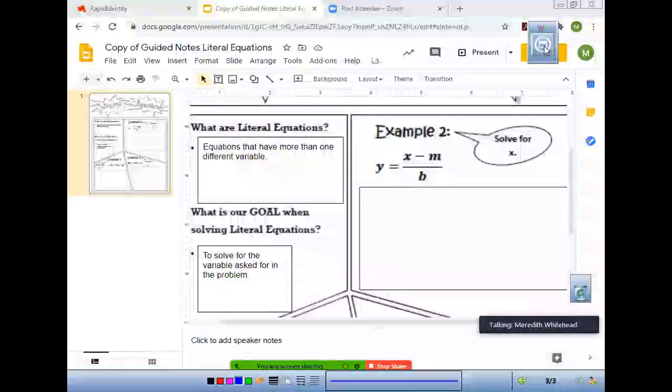So we're trying to get x by itself. So here's my x. How would I start solving for x? Trying to move everything else to the other side.